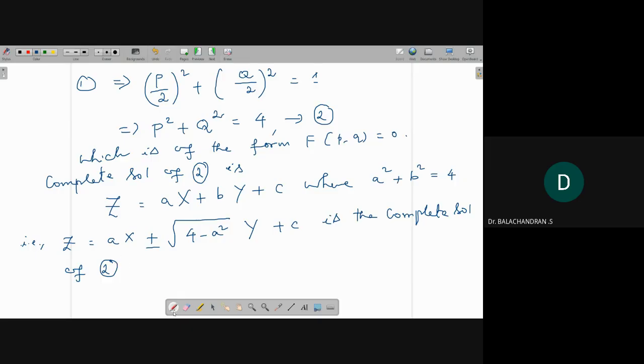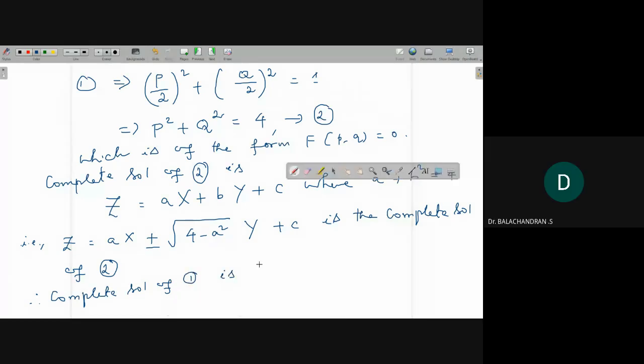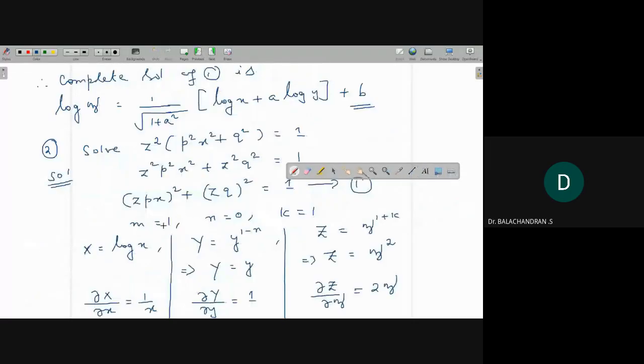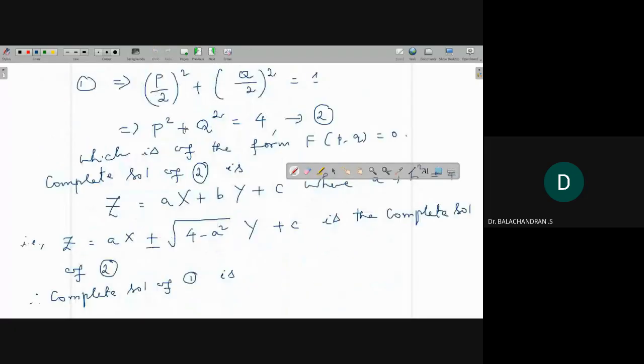Okay, now we need to find the complete solution of equation 1. So the complete solution of equation 1: capital Z is what? Capital Z is z square.